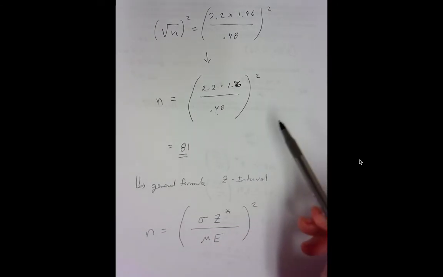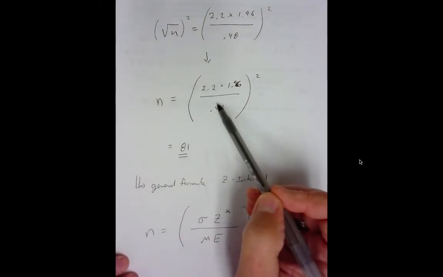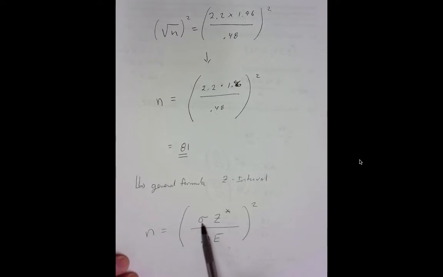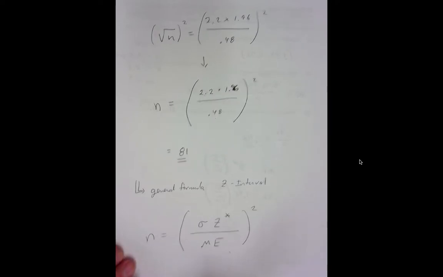The reason I kept it in this form is I wanted to create a formula for you, so when you run into a problem like this again, you can go directly to the formula. You don't have to do all the algebra. Put the population standard deviation right there, the z critical right there, your margin of error there, divide it out, multiply it out, square it, round up. Guys, you get the sample size that you need to create the proposed margin of error.